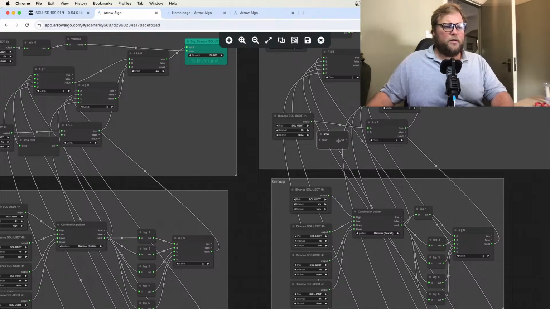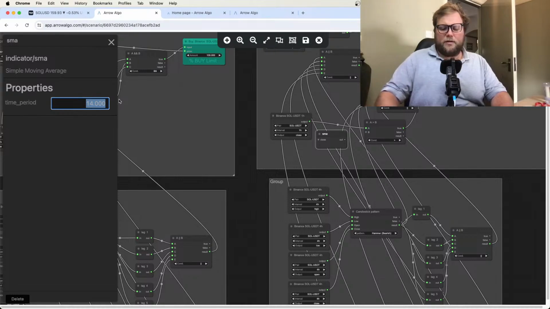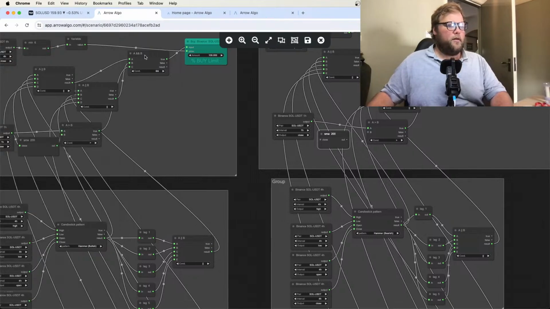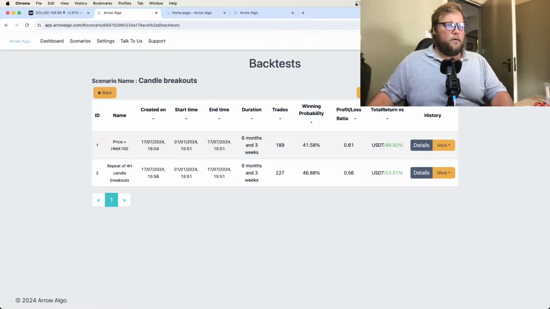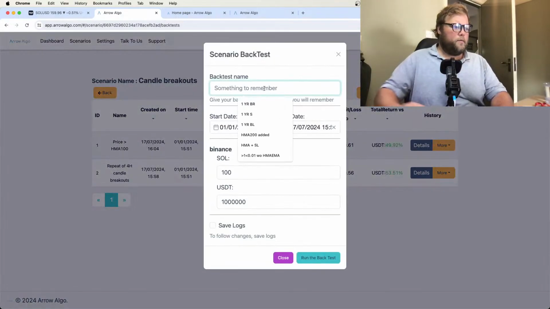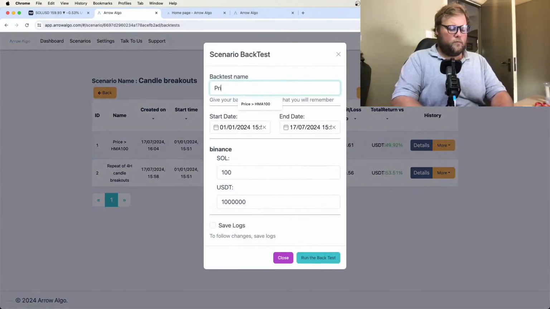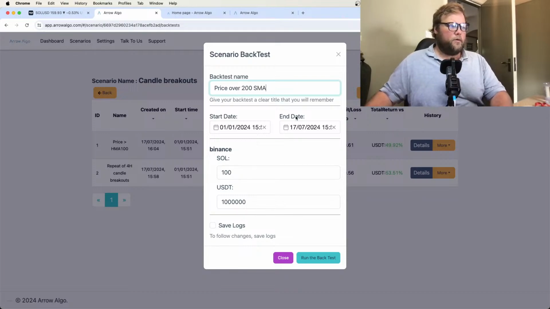If you're a scientist, then you'll like this process. It's theorize, test and validate. Hypothesize, test and validate. I'm looking at price over 200 SMA.